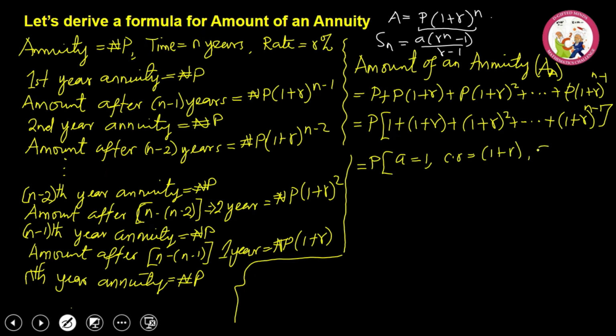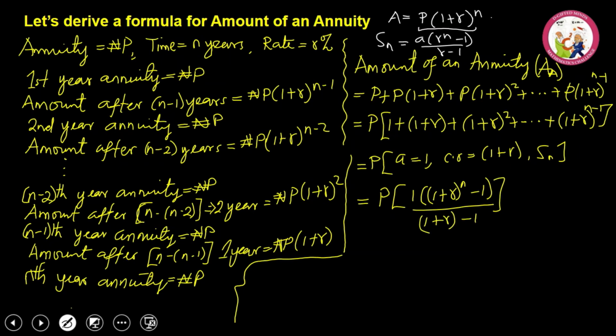Okay, and we're calculating the sum of the n terms, right? So that this formula would then be equal to P times a, which is 1, times R, in this case 1 plus r raised to power n minus 1, divided by 1 plus r minus 1.